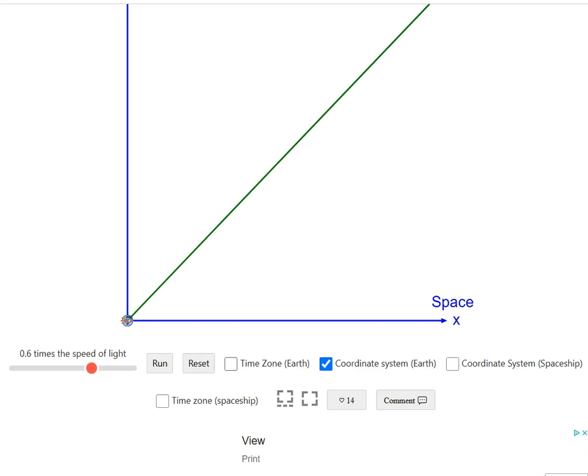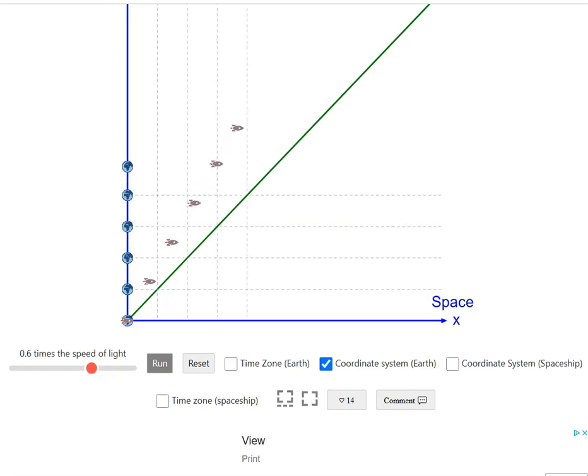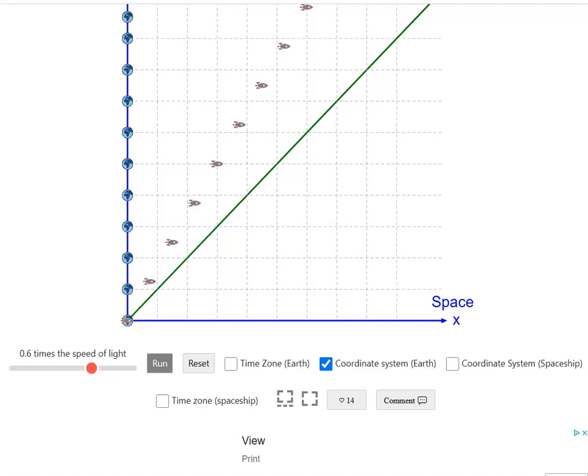So I've got this simulation set for 6/10 the speed of light. We're going to start with the coordinate system of Axel, and we're just going to run it. What's nice about this is we see the Earth along the horizontal or vertical axis, and then we see what the spaceship does with time.